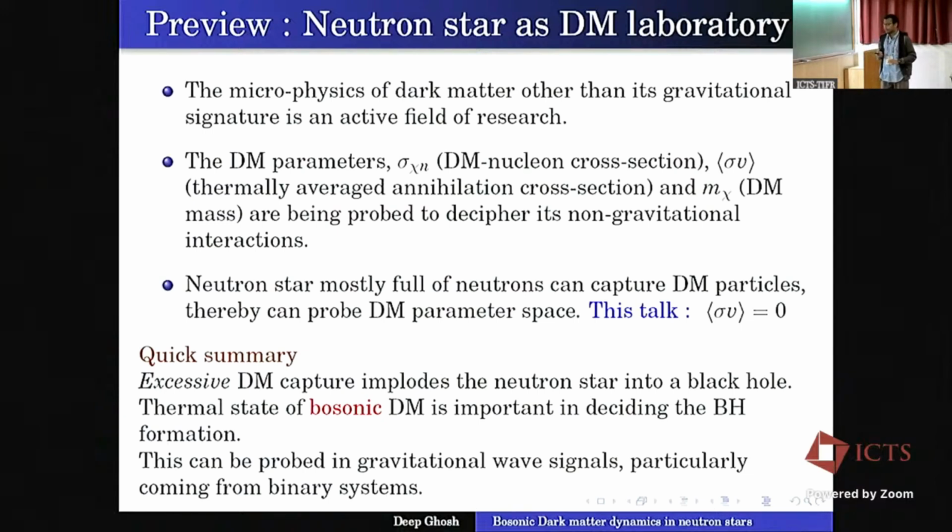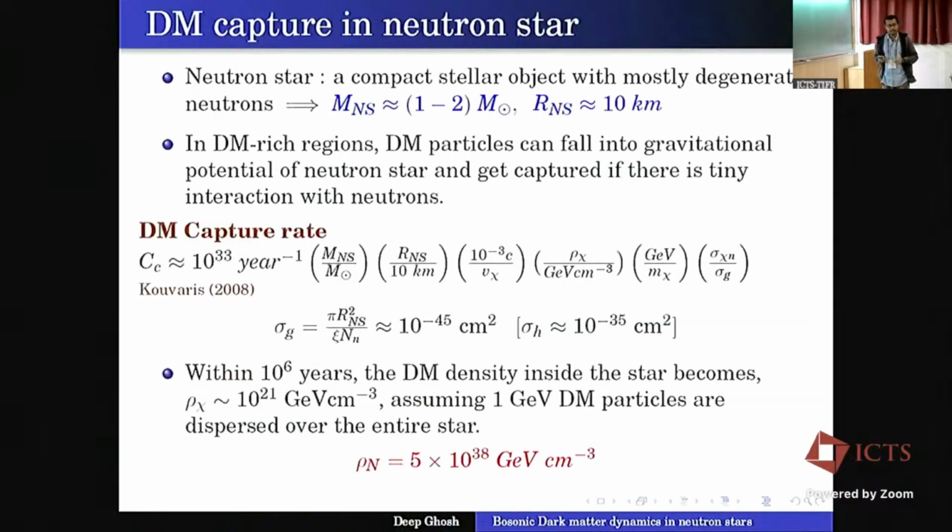So let me go to dark matter capture in the neutron star. A neutron star is a compact stellar object having a mass around a solar mass and a very tiny radius, about 10 kilometers. So it's a very compact object full of mostly degenerate neutrons. Now if a neutron star resides in a dark matter rich region, it can pull the dark matter particles inside its core.